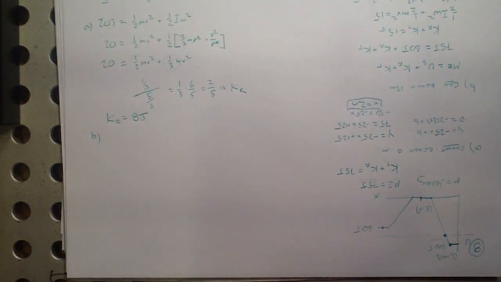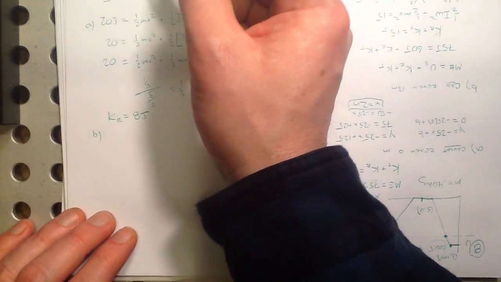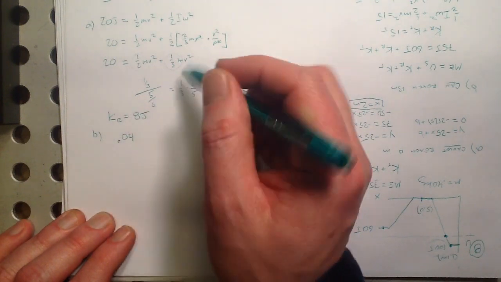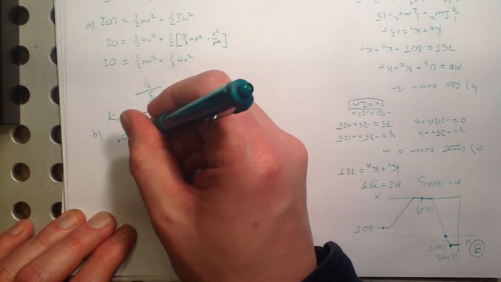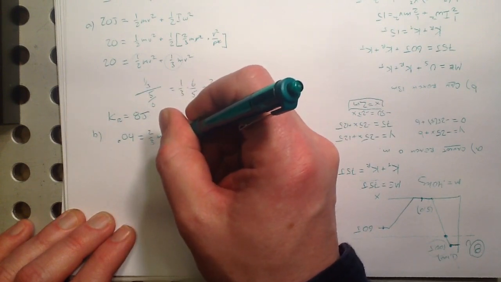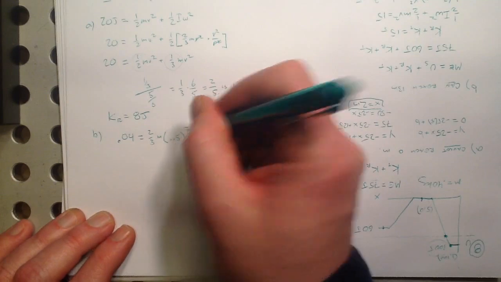In part B, what do they want to know here? What's the speed of the center of mass of the sphere at the initial position? So here, what did they tell us? The radius? So I think here we have to actually find out what the m is. They told us the rotational inertia, 0.04, is equal to 2/3 m times r squared.